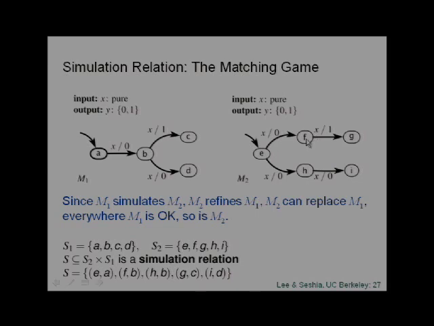So we would like to add this pair to the simulation relation, but we can't because there's a single transition out of F, but there are 2 transitions out of B, and so F cannot match B. And likewise, if we try to reason about whether H can replace B, right? So whether you can have this pair BH, again you can't add it in the simulation relation because H has only a single transition. It can't match both of the transitions of B.